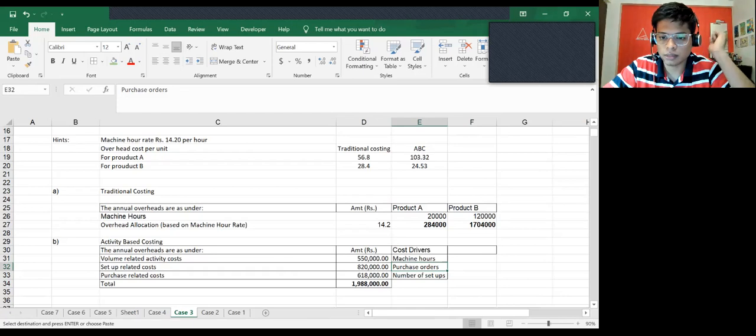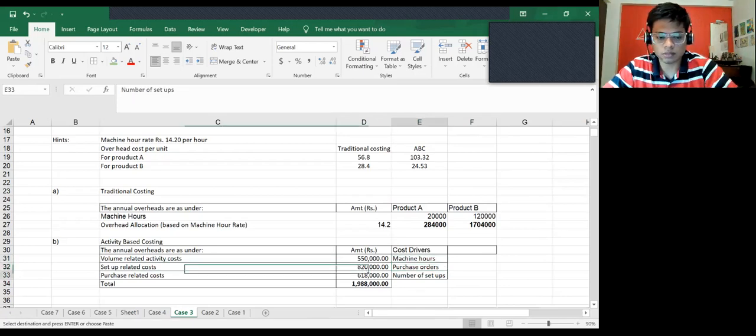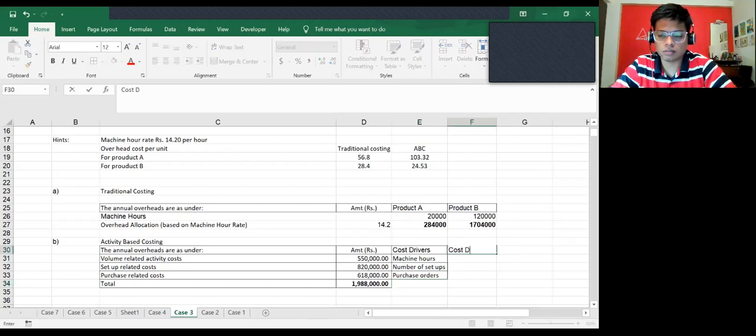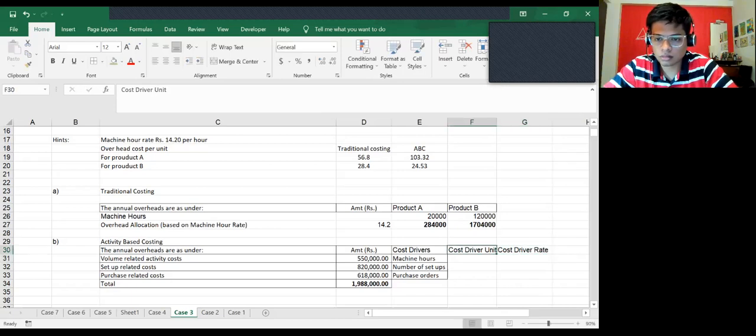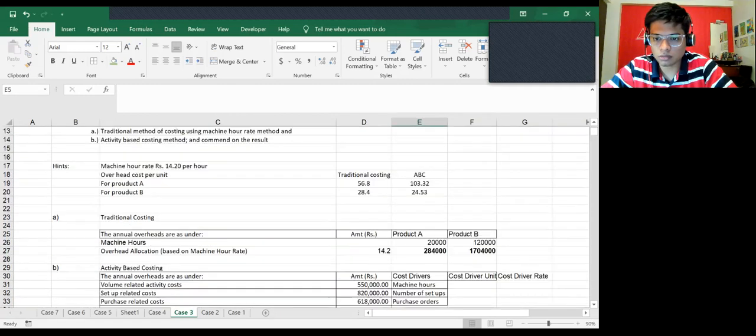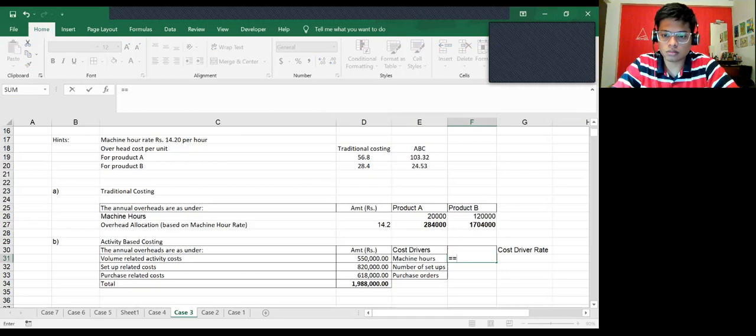Volume uses machine hours, setup-related cost uses number of setups, and purchase cost uses purchase orders. Then I put the cost driver units over here, and then the cost driver rate.